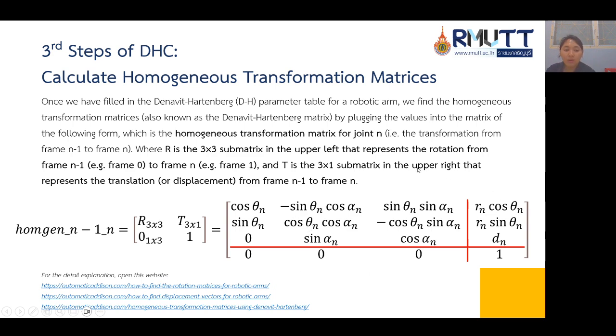And for the homogeneous transformation matrix from frame n-1 to frame n, we can use this matrix equation. This is the rotation matrix, the translation, and this is the 0, and this is the 1.